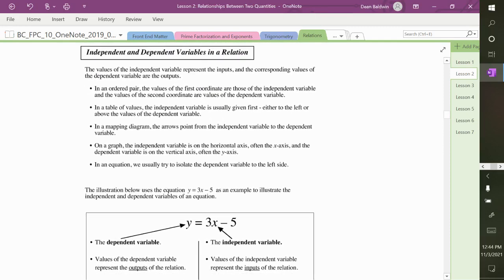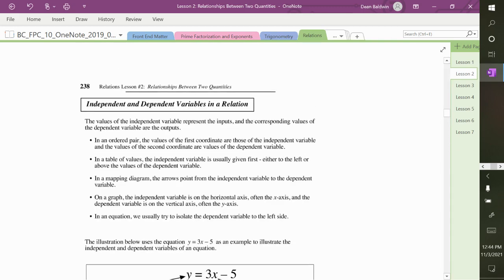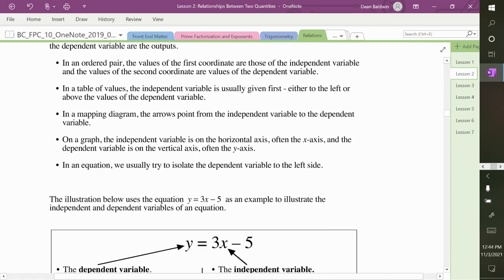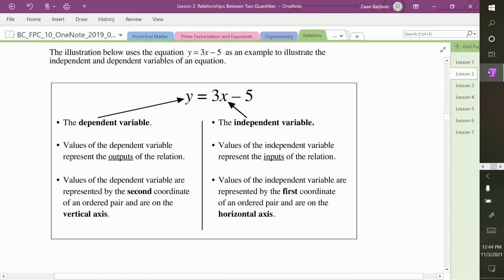Independent and dependent variables. On page, what page is this? Page 238, please. All right. So we're just going to focus on this table here. The independent variable, in 99% of the way all equations are written that we're going to see, is the X variable.